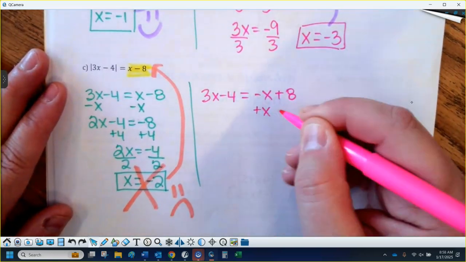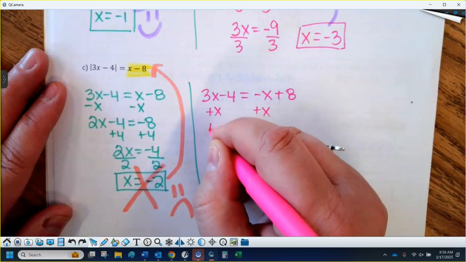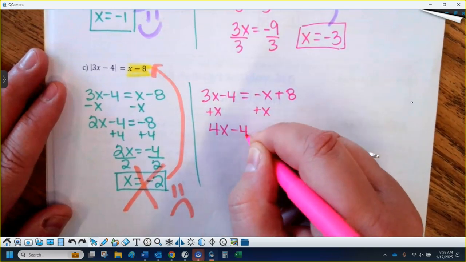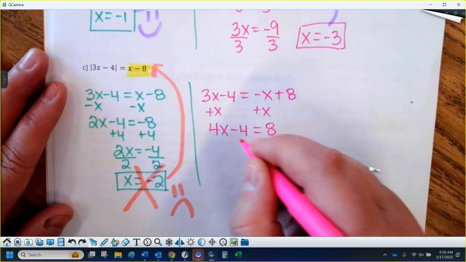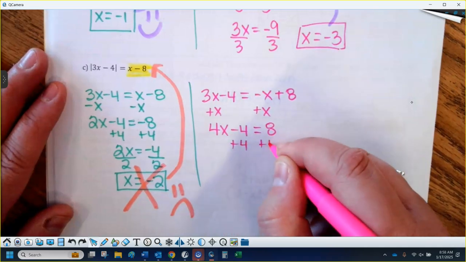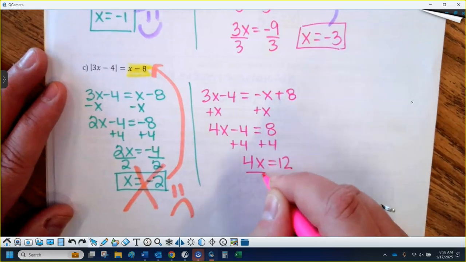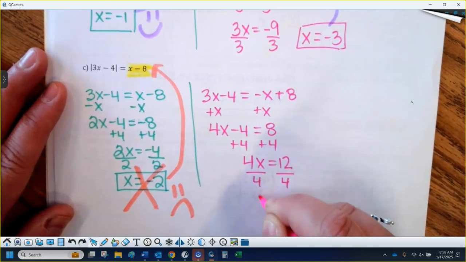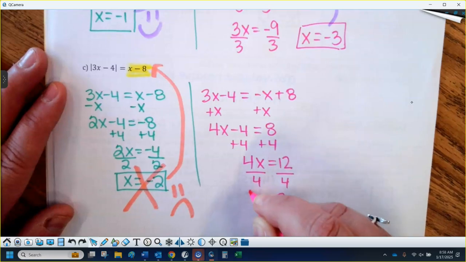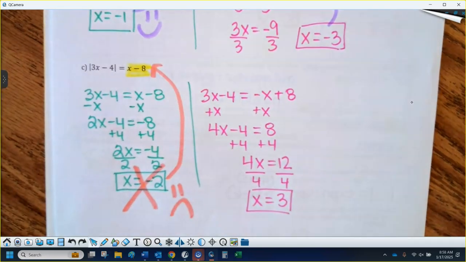Your other potential one here, totally up to you. If it was me, I would add the x, keep my variable positive. So I get 4x minus 4 equals positive 8. I would add the 4. So I'd get 4x is equal to 12. And then I'm going to divide by 4. So my other possible answer here is 3. Okay, now, if I go back, I've got to check.